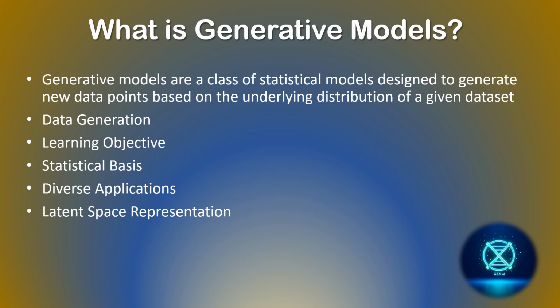At the core of these models, as I said, is a statistical basis. They employ statistical methods to understand and represent the data distribution, which is essential for generating coherent and meaningful new samples. This foundation allows them to capture the essence of the data they learn from.